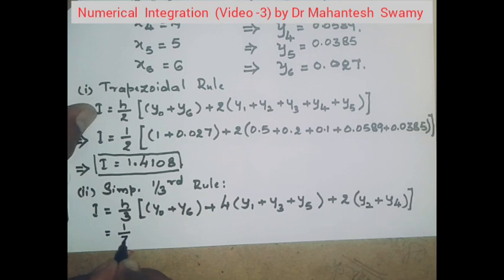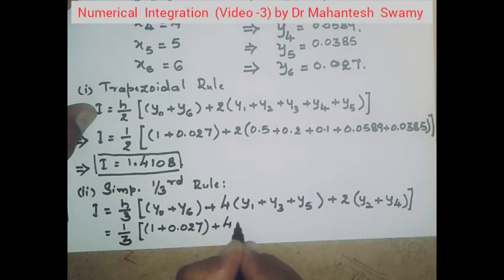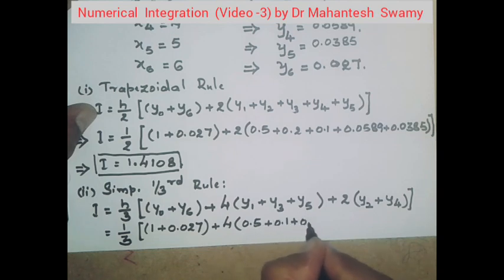So again our duty here is to write down the values. The h value is 1 by 3 as it is, plus the first value is 1, y6 is 0.027, plus 4 times y1 is 0.5, y3 is 0.1, y5 is 0.0385, plus 2 times y2 is 0.2, y4 is 0.0589.